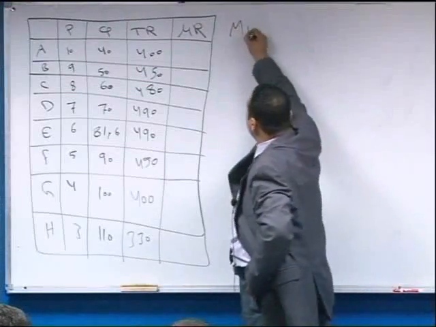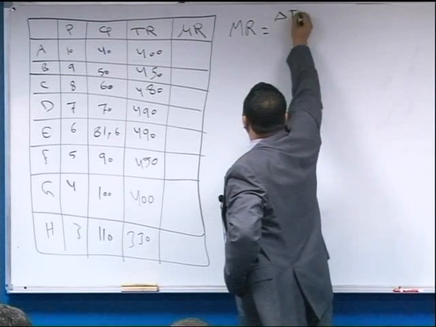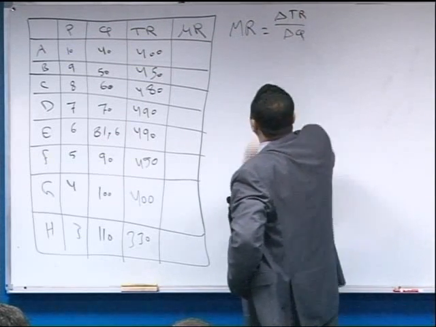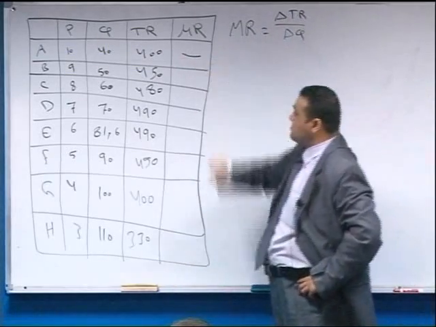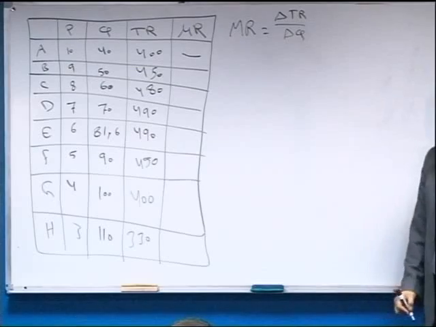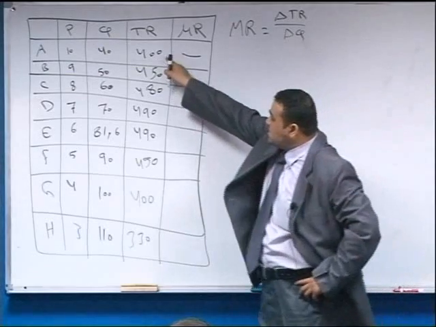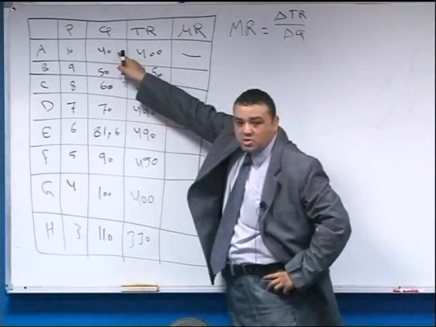MR equals delta TR over delta Q. In the first case, there is no change. In the second case, TR2 minus TR1 over Q2 minus Q1.